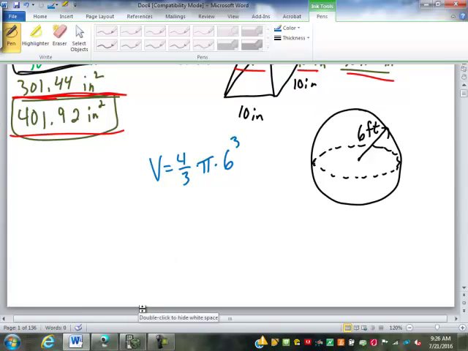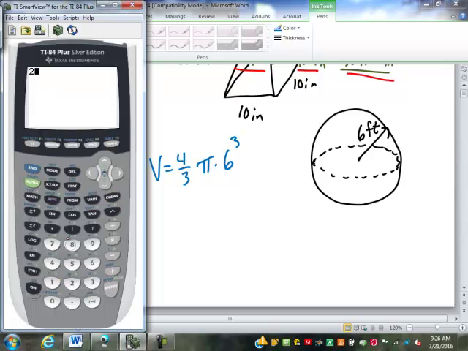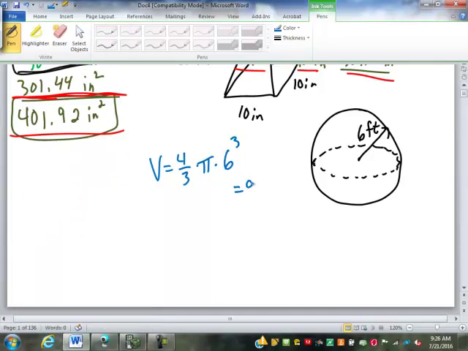So 4/3 times pi times 6 cubed is 904.32. Feet cubed, thank you. I got to remember what units I'm using in this problem. How many of you came up with that?